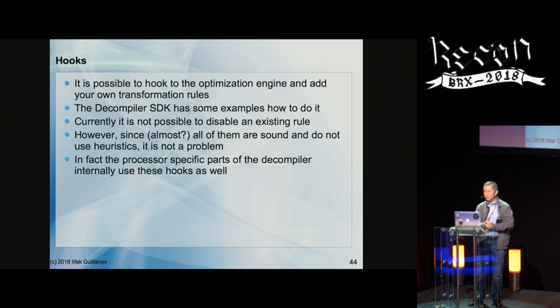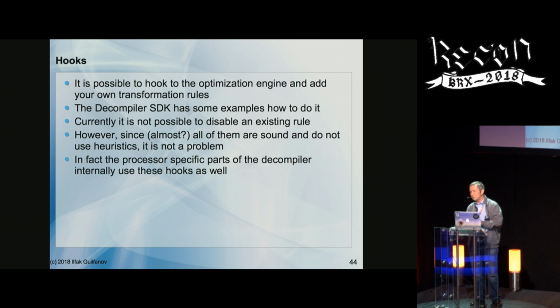Why do I tell you about all these rules and how they look? It is because we are going to open microcode, so you can use it in your projects, and you will be able to hook into the optimization engine and add your own little transformation rules, which this way you can handle many different things, like maybe some obfuscated code or some special idioms generated by the compiler or anything else.